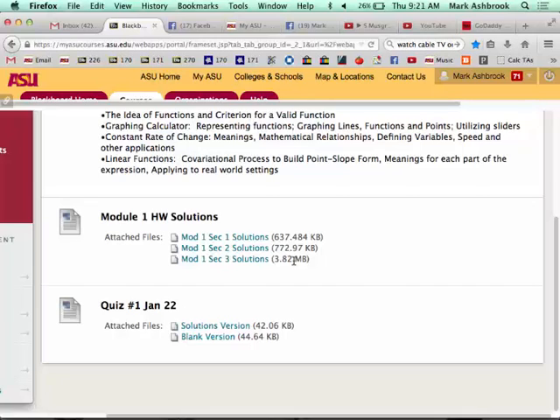Don't just pull the solutions out and read along, going, yeah, I get that. That's not good studying, because you have to be able to take a problem that you don't know the solution to and take the initiative to proceed correctly and figure things out. So solutions should be a reference, not a starting point of your studying. Does that make sense? Okay.